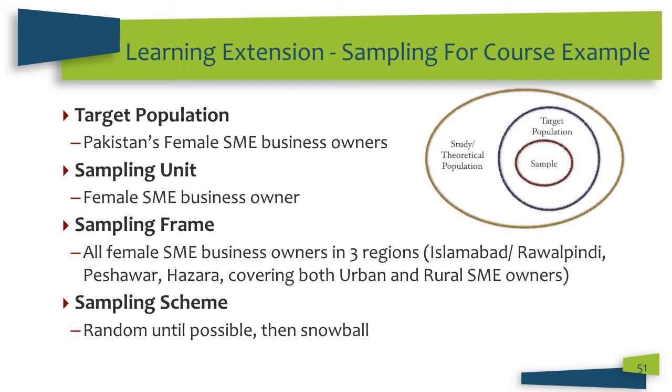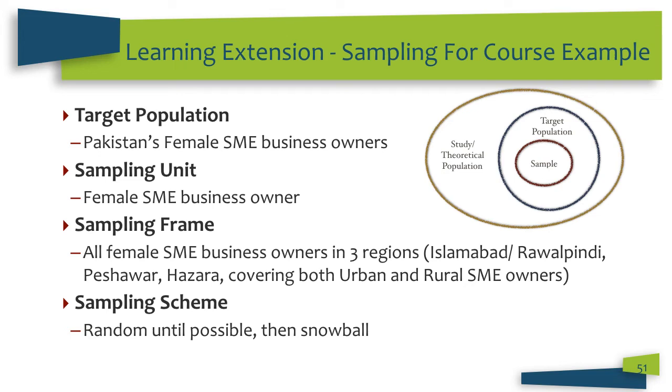What is my frame? Sampling frame. If you look at the diagram in front of you, my target population is all female SME business owners in three regions, which are number one, Islamabad, Rawalpindi, number two, Peshawar, and number three, Hazara. And I'll be covering both urban and rural SME owners. So this is my sampling frame. And what is the sampling scheme?